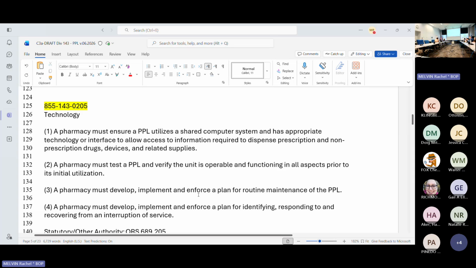We do use that pretty frequently throughout our rules, enforcing policies and procedures, so it seems appropriate, but it did stand out to me in the comments. Other than that, I think it all makes sense and I didn't see anything else that stood out that we would want to look at.